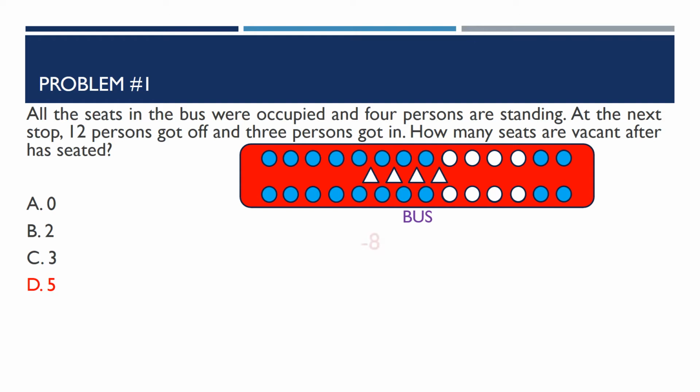So here there are only 8 vacant seats because 4 of those 12 are those who are already standing, and then there are 3 who got in, so it's plus 3. So there are only 1, 2, 3, 4, 5. There are 5 vacant seats, and the remaining 4 are those who are standing. So there's no vacant seat for them because they are standing. So that's another way of solving number 1.